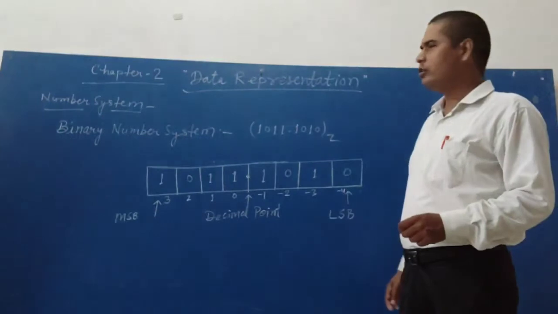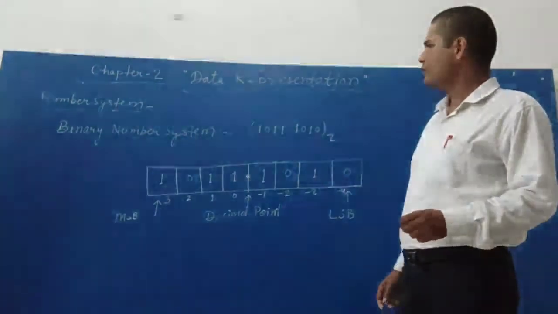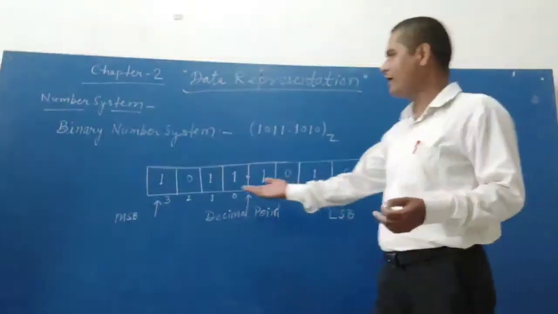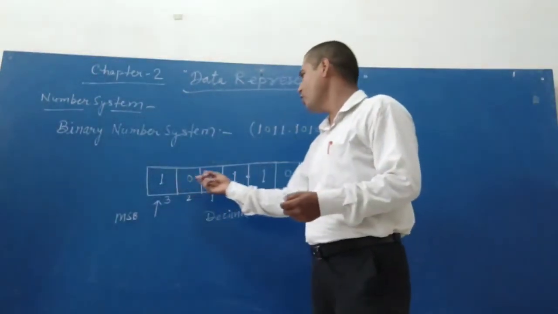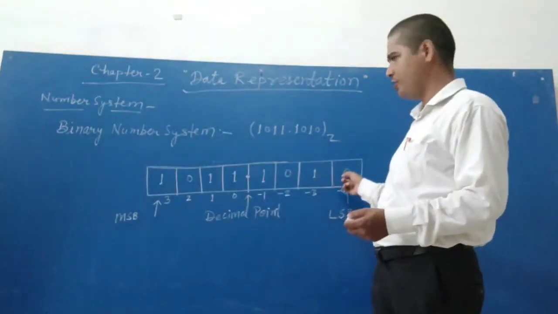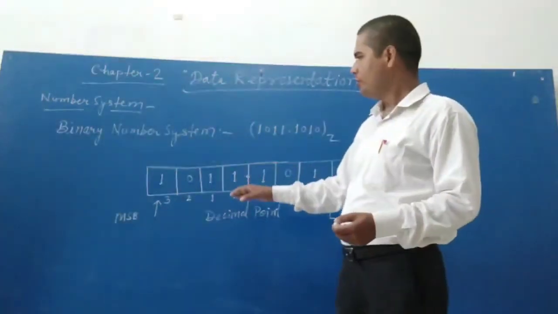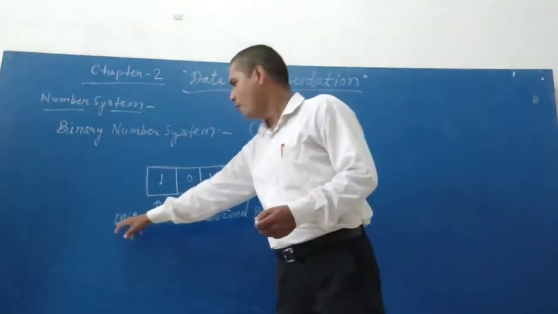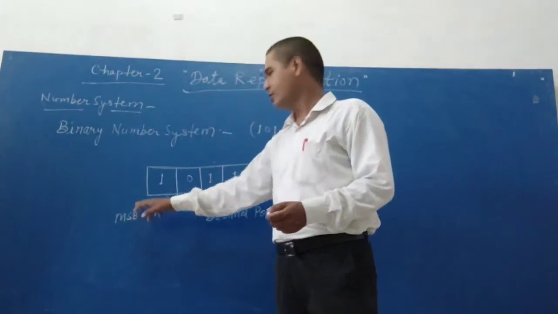If we represent binary numbers with their positional value, we write like this: 1011.1010. You will see this one is the most significant bit.